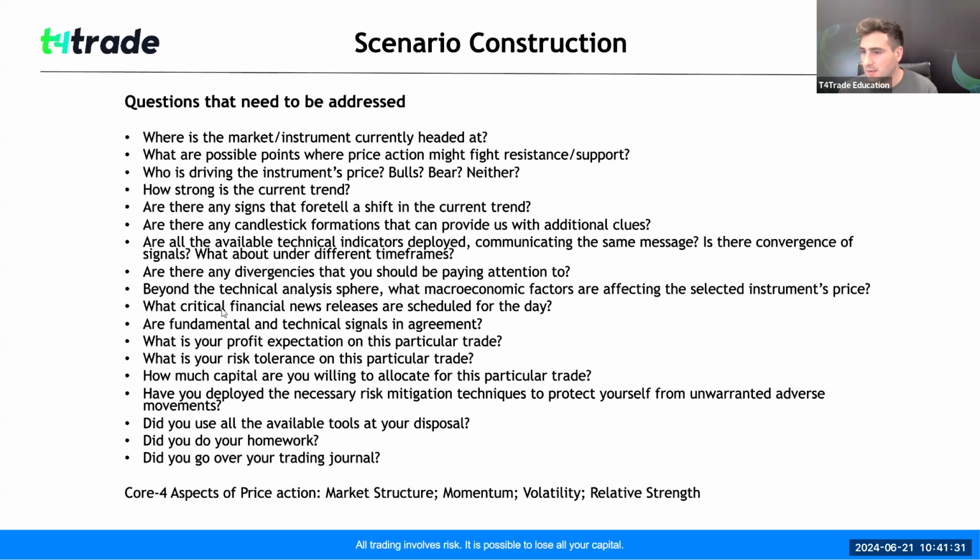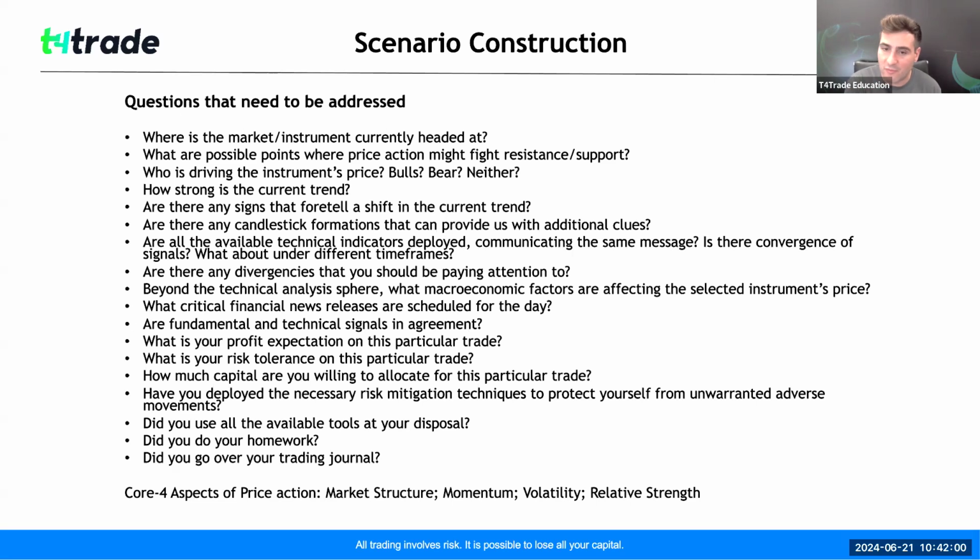Where did we stay? Okay, are fundamental and technical signals in agreement? Okay, you get the macro backdrop, and you see the technicals also aligning together. Perfect. Go ahead and place your trade. Are the fundamentals in conflict with the technicals? Pay attention. Do a little bit more thorough analysis. Go through your scenario once again. Is this temporary? Is it going to persist?